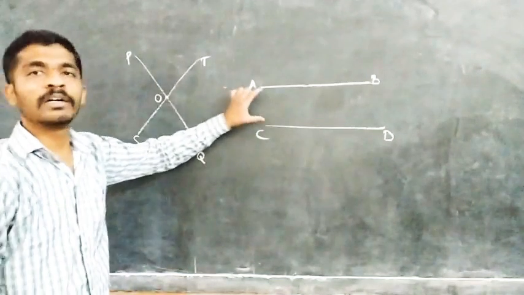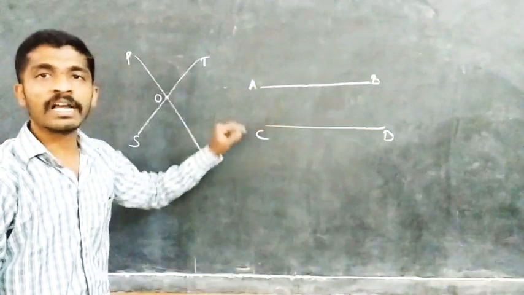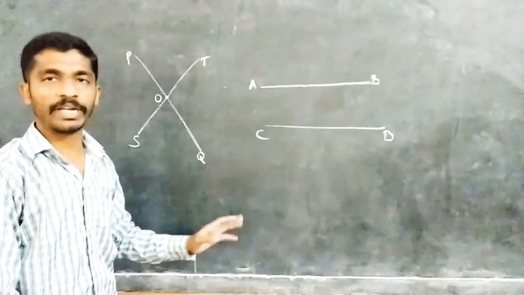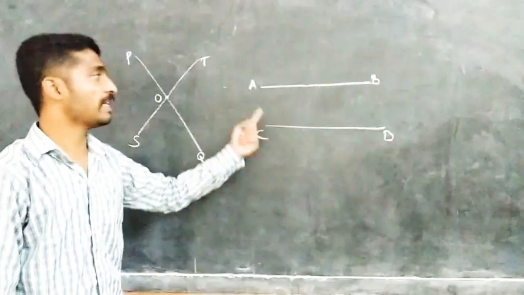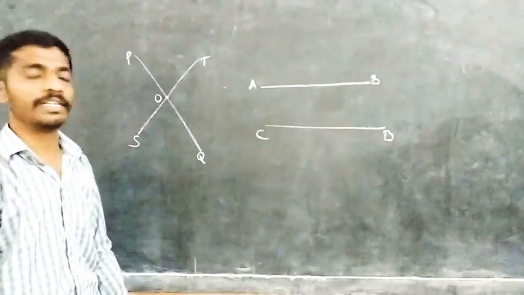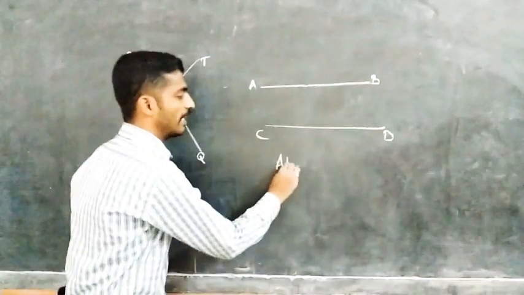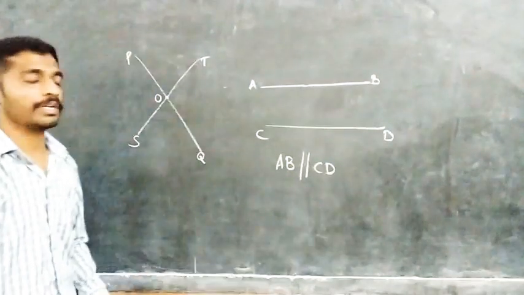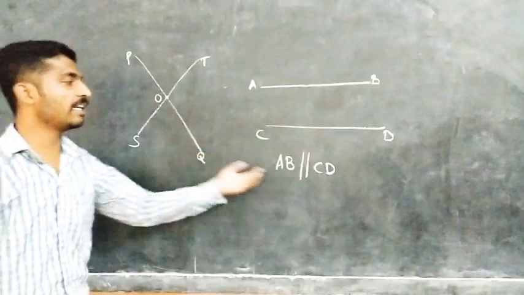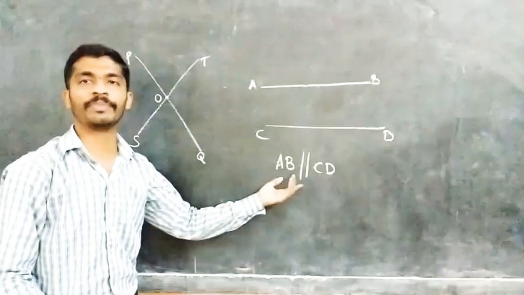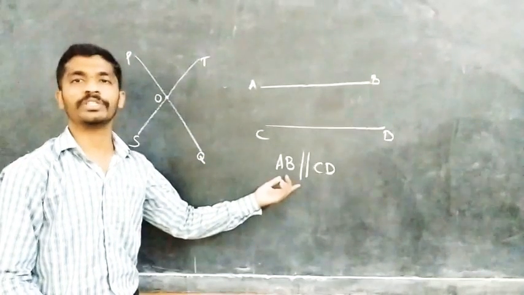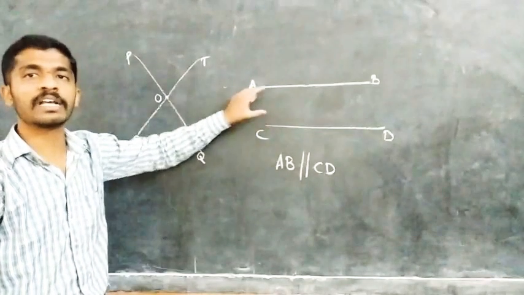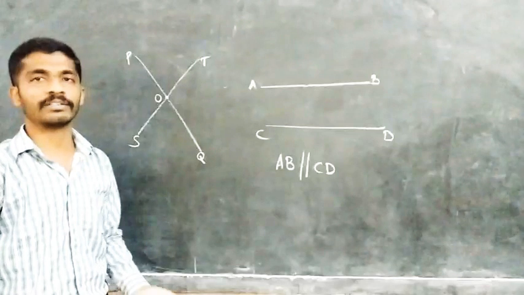When they are equidistant and non-intersecting. They will never intersect, so you can call them AB parallel to CD. The symbol is like this. These are intersecting lines; here non-intersecting means they are parallel to each other, when they are equidistant and non-intersecting. Understood?